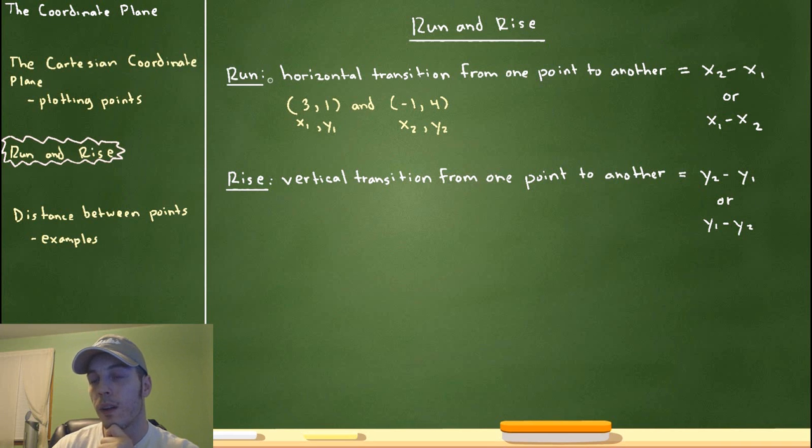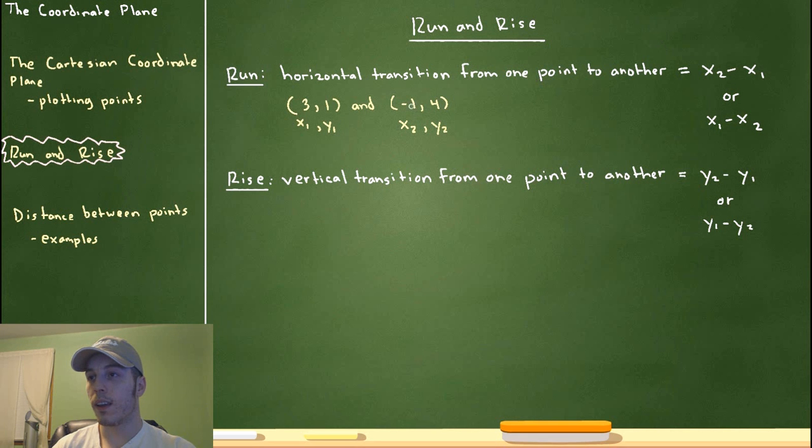So now when we talk about the run, the horizontal transition from one point to another, we see that we could use x2 minus x1 or x1 minus x2. It doesn't matter at this point. Once we get into slope, then the direction could matter. Okay, but outside of slope, it doesn't matter too much.